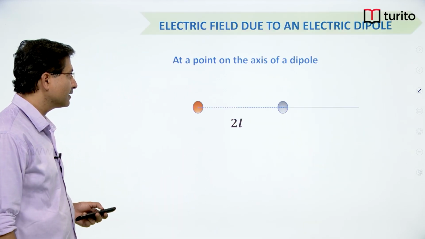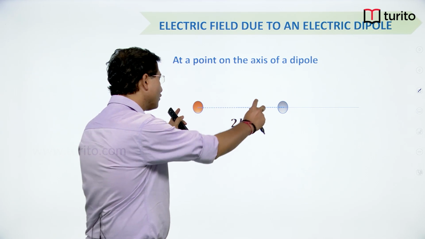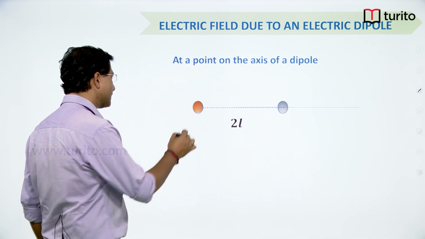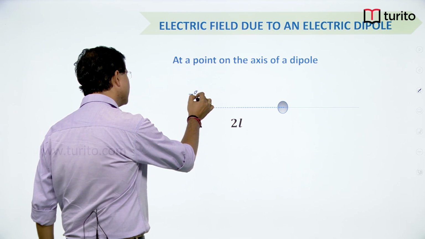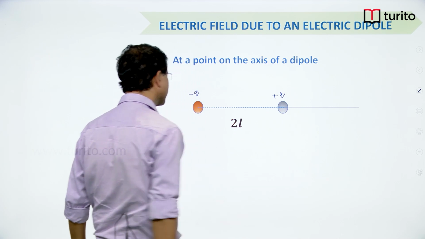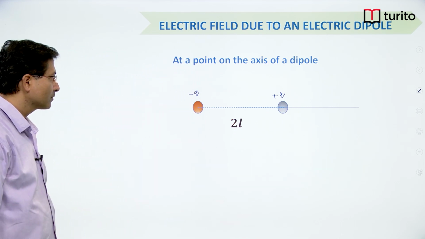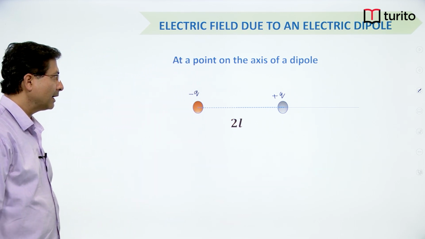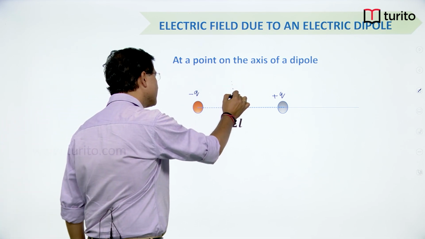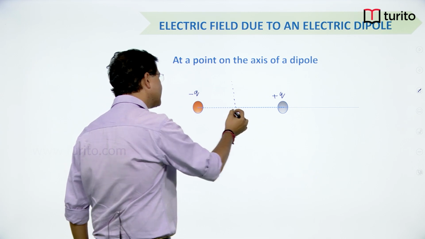As I said earlier, because of the dipole I want to find out the field at this particular point. Let this be the negative charge, so this is minus q and this is plus q. And I want to find out the field at distance r from the center of the dipole.